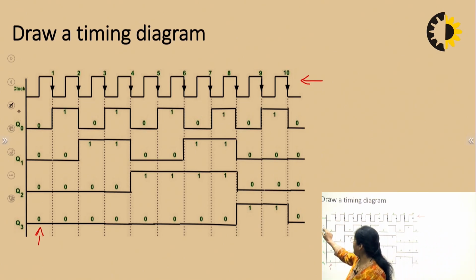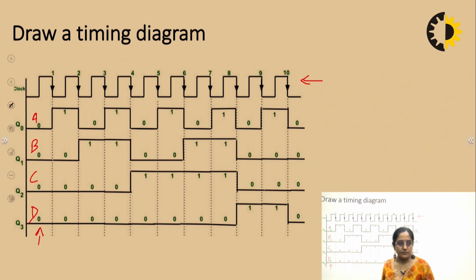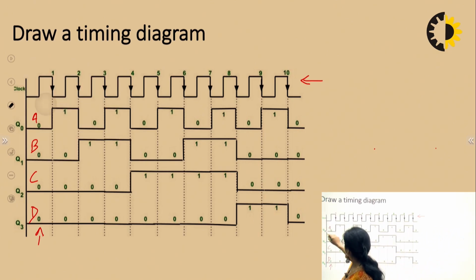This will be the A flip-flop, B flip-flop, C and D, in decrement order. Q3 will represent the MSB and Q0 represents the LSB.